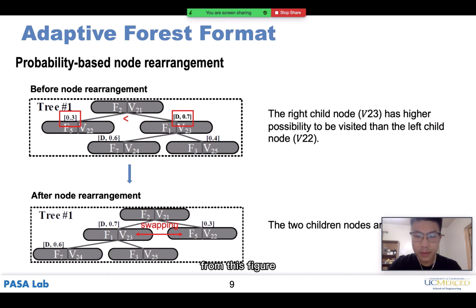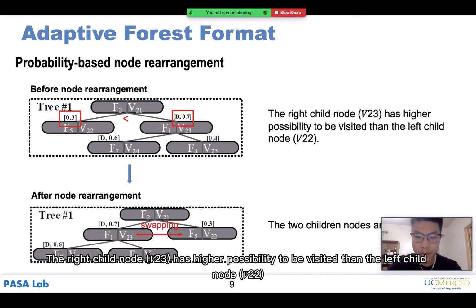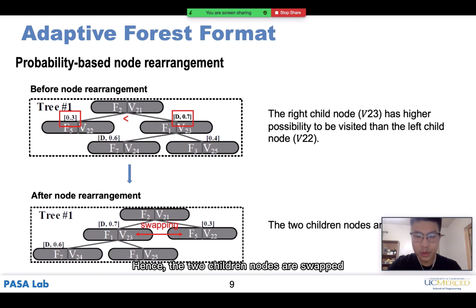From this figure, the edge probabilities of the two children nodes of the root node at the second level are 0.3 and 0.7. The right child node V23 has a higher probability to be visited than the left child node V22. Hence, the two children nodes are swapped.